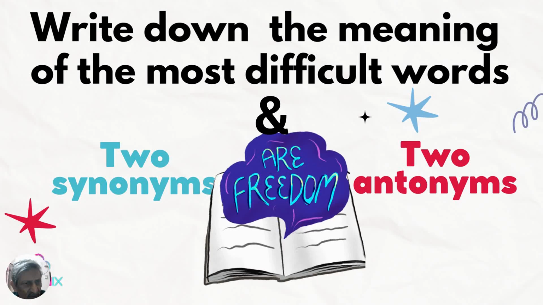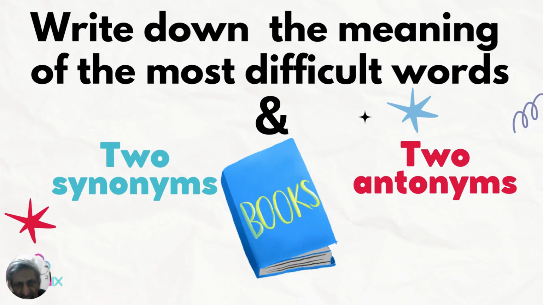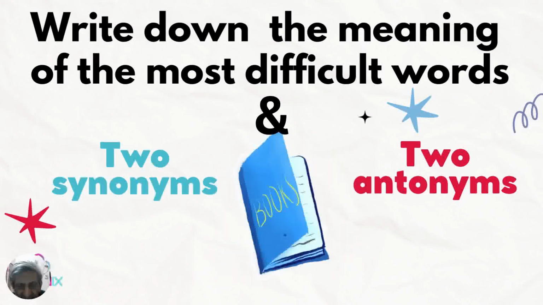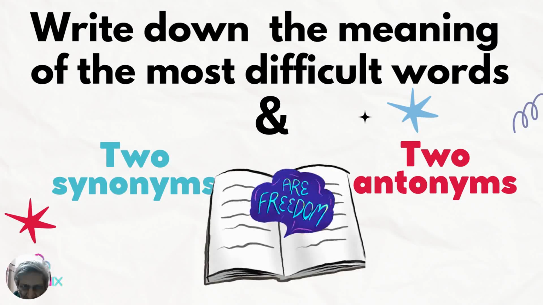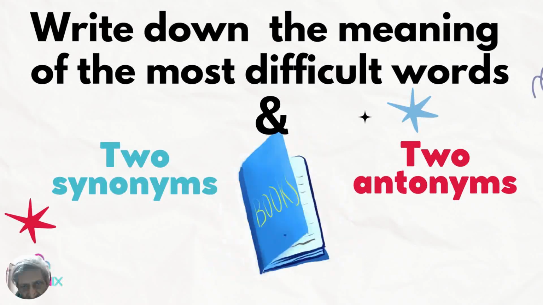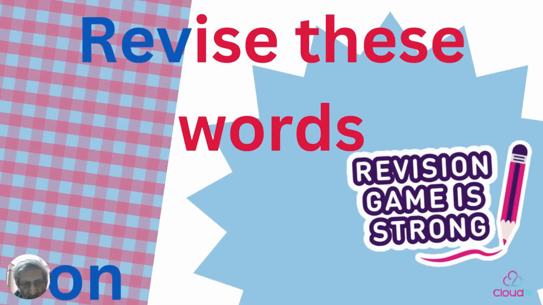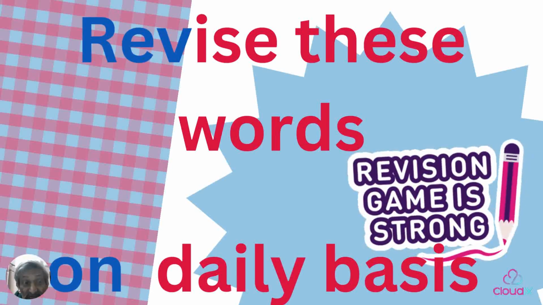It'll take you 3 or 4 minutes to go through the previous words, and then you go on to the next words. Continue collecting these, and after a short time, within 5 or 6 days, you'll remember them without learning by rote. So revise these words, because revision is the actual game, revision.